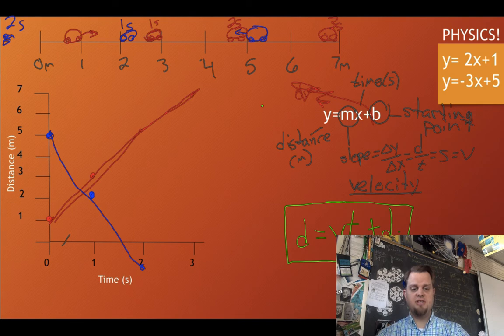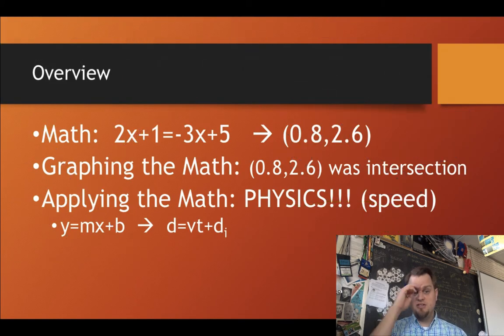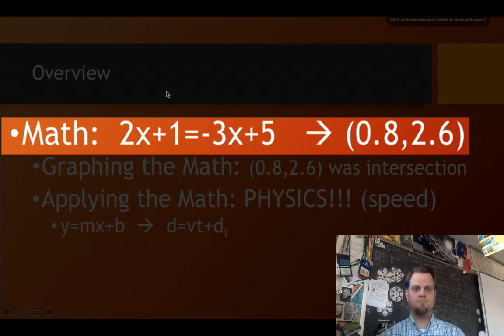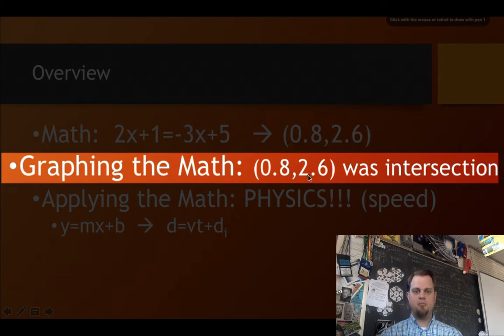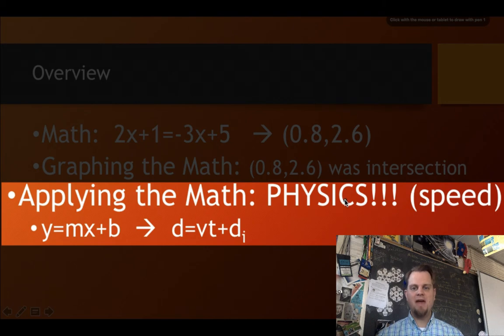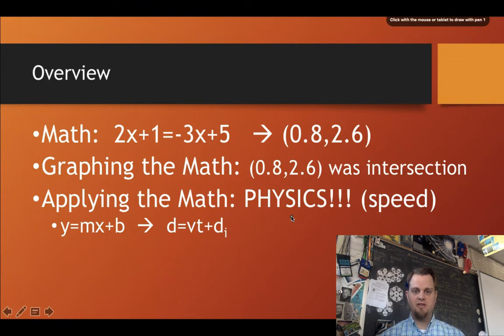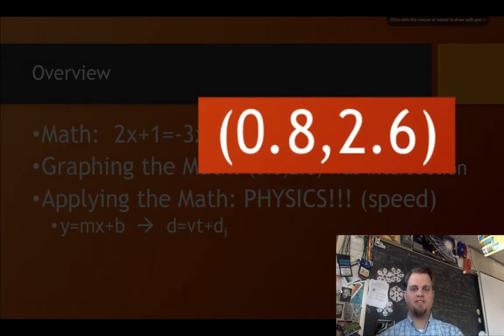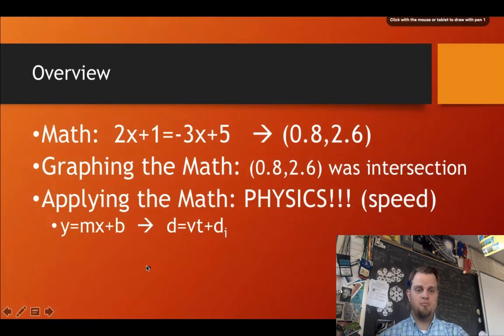Essentially, what we just did is we said, okay, we know how the math goes. You can just sort of solve and get this. You can graph it. That point, 0.8 and 2.6, is the intersection. And when you actually apply the math, you can figure out that these two cars are actually going to meet at 0.8 seconds and 2.6 meters.